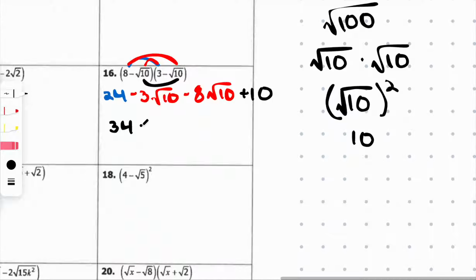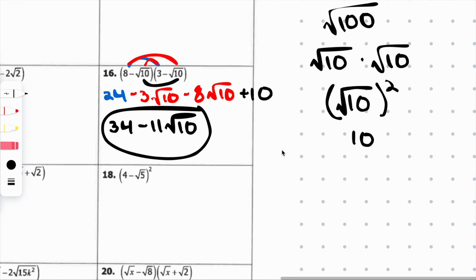So we're going to say minus 11 root 10. That's sort of how we FOIL this out.